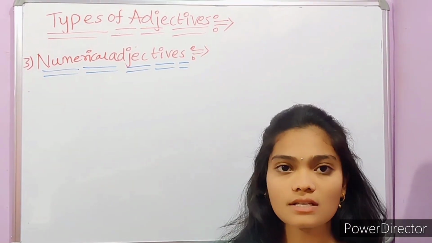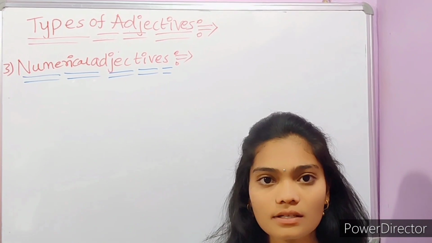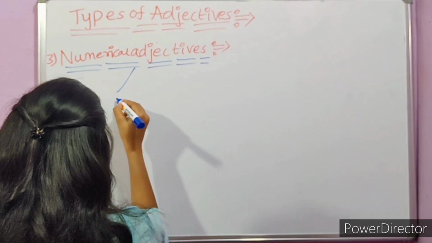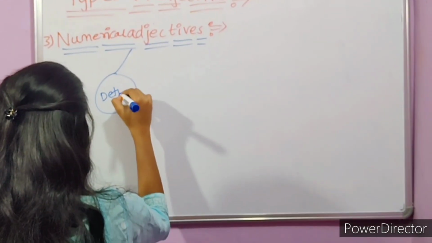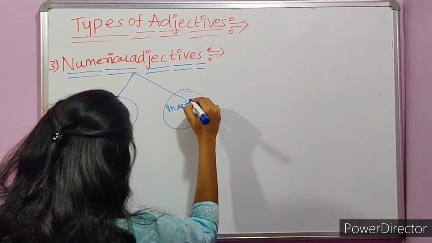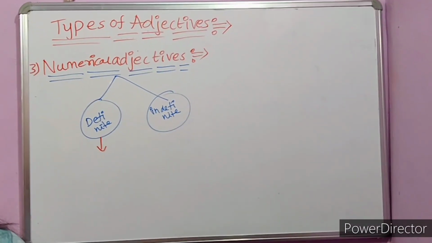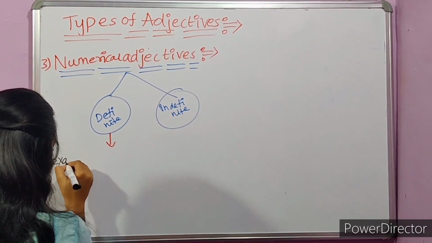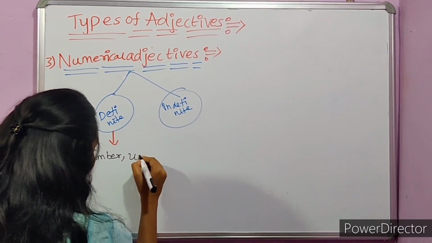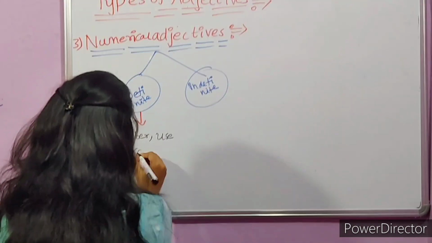Numerical adjectives are the adjectives that tell us how many or how much, and in what order the noun is in. They are of two types: definite numerical adjectives and indefinite numerical adjectives. Definite numerical adjectives tell us the exact number, and they use ordinal and cardinal numbers.